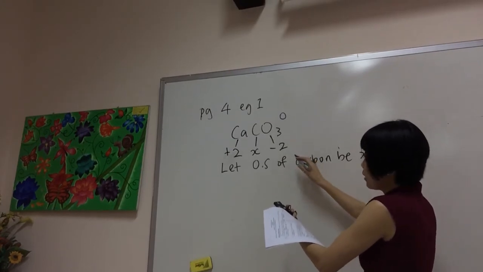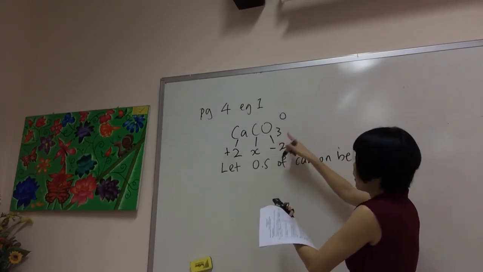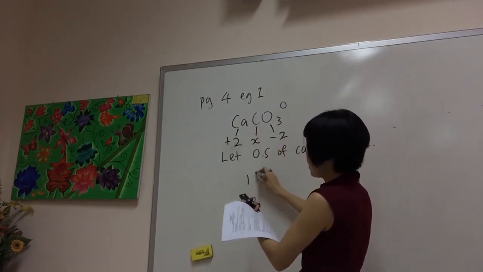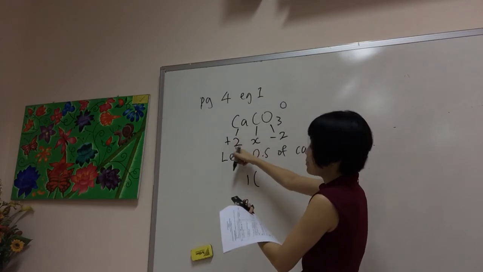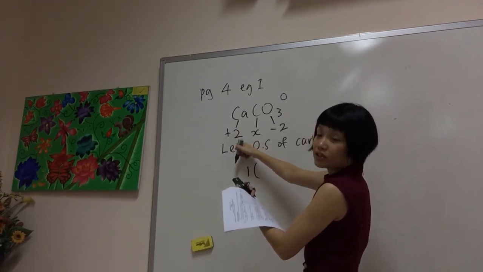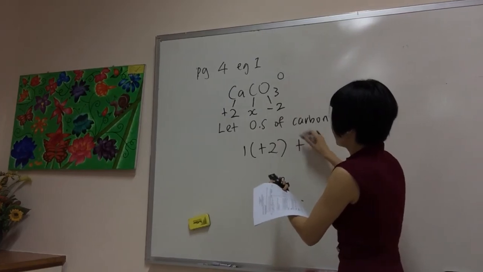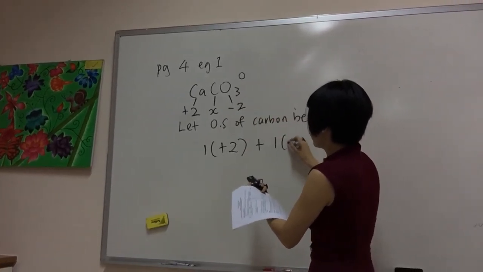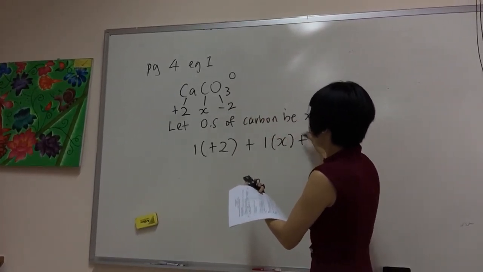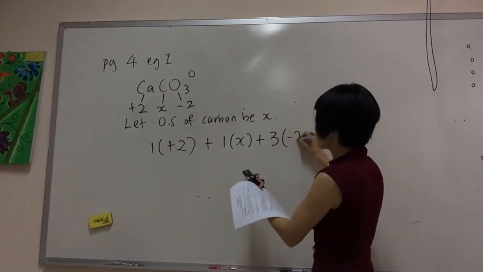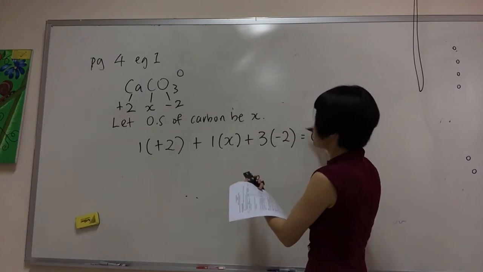Now with that we can form an equation. All of them will add up to 0. How many calcium are there? 1. So 1 calcium multiplied by each calcium having an oxidation state of plus 2, 1 carbon which will be X, and 3 oxygen, each minus 2, and all of them will add up to 0.